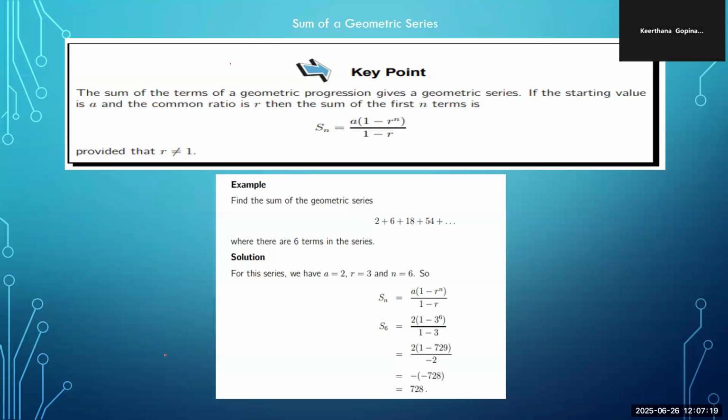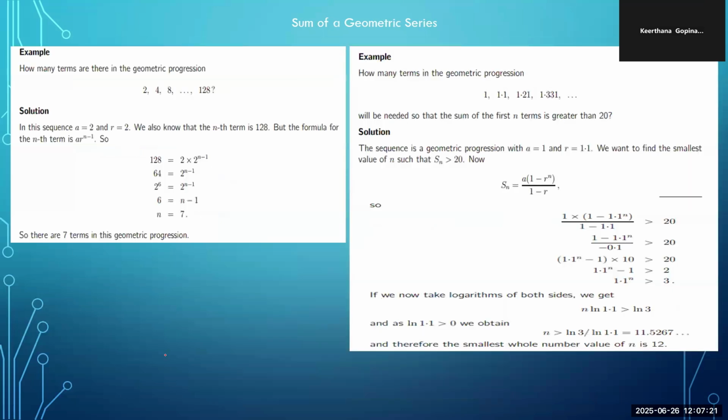Okay, we'll see another example. How many terms are in the geometric series 2, 4, 8 up to 128? The nth term is AR power n minus 1. Simple, right? They're asking how many terms there are.